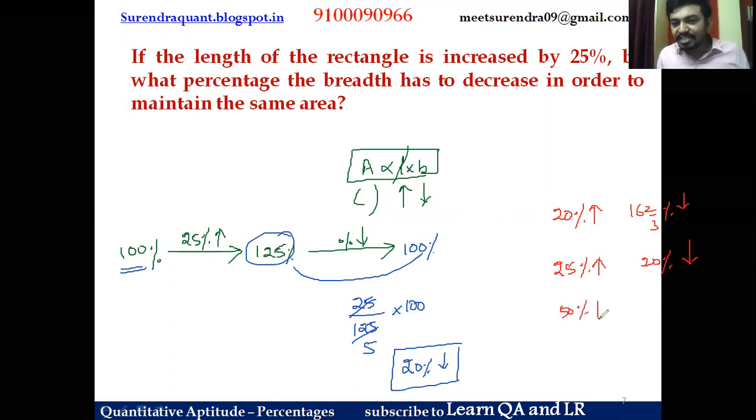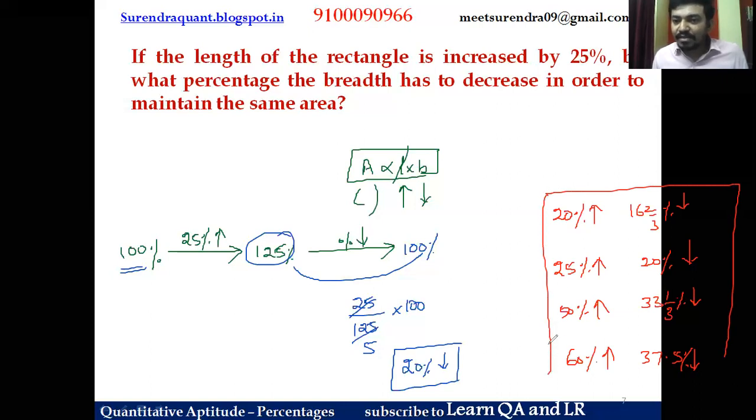If length increases by 50%, if breadth decreases by 33 1/3%, no change in area. If length is increased by 60%, if breadth decreases by 37.5%, then no change in area. So these are some sets of percentage equivalents which don't have any change in value, one increase and the other decrease. So in this way, you can easily work out geometry applications with percentages.